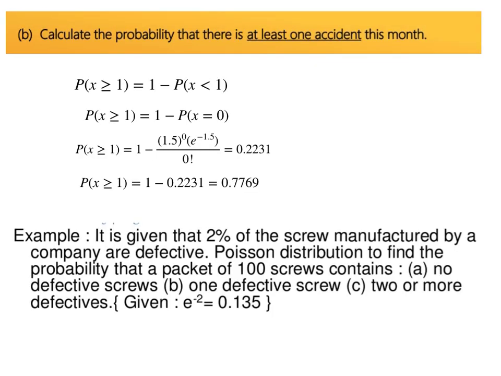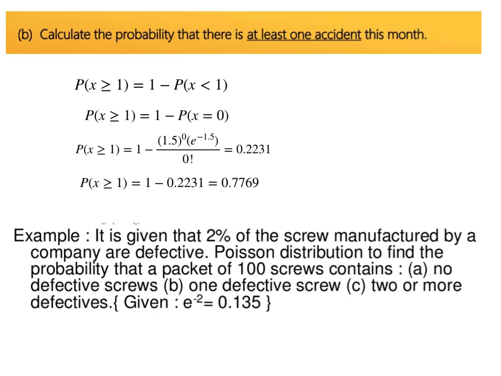And the second condition: calculate the probability that there is at least one accident this month. Please remember, for a particular example, the mean remains the same. So here the mean is 1.5 as we calculated earlier. For at least one accident, since we don't know the upper limit, we always go for the complement, that is P of x greater than or equal to 1 is equal to 1 minus P of x less than 1.